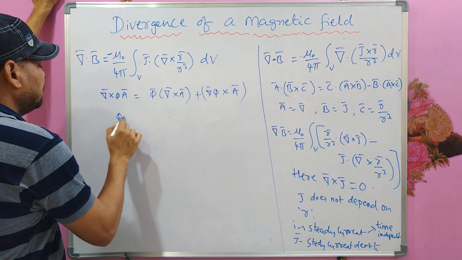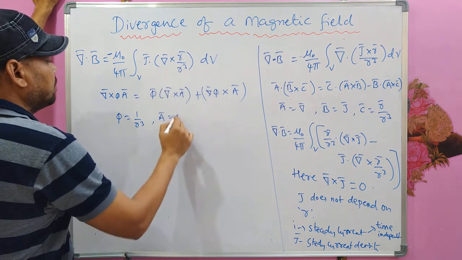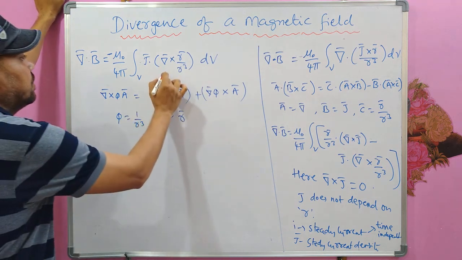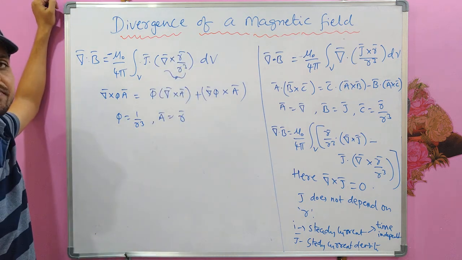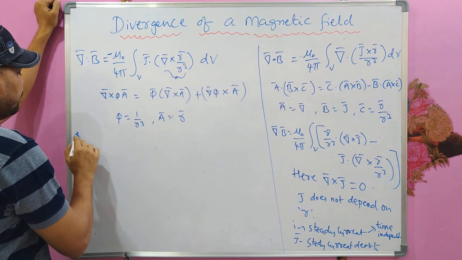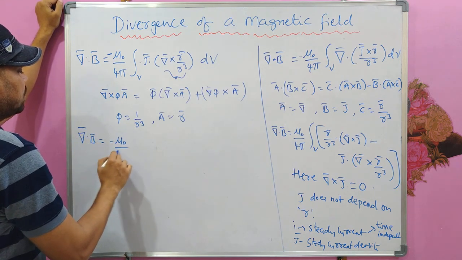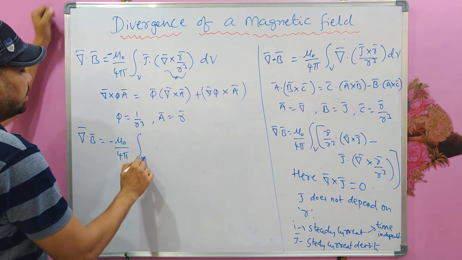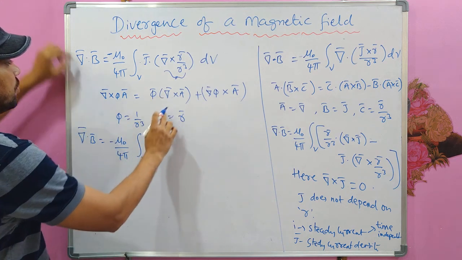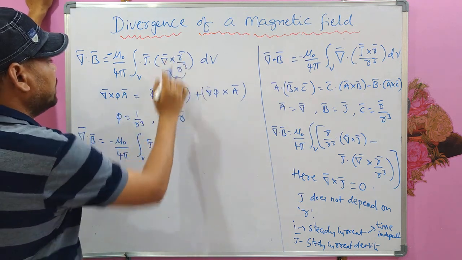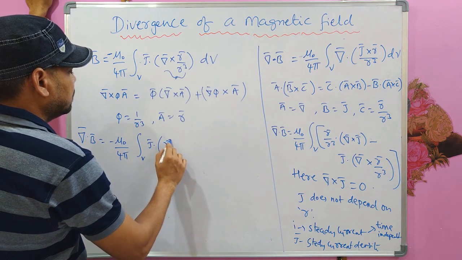What is pi here? Pi is equal to 1 by R cube. A is equal to R bar. Now using this formula, what can we write? Del bar dot B bar equals minus mu naught by 4 pi integral V J bar dot, pi del cross A. Pi here is R power minus 3, 1 by R cube.